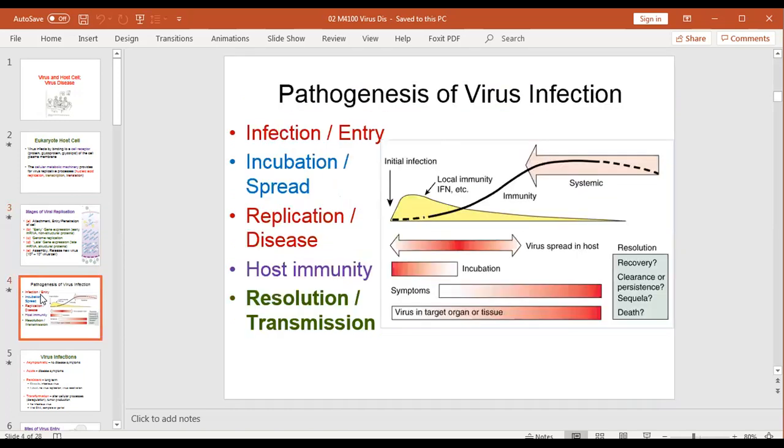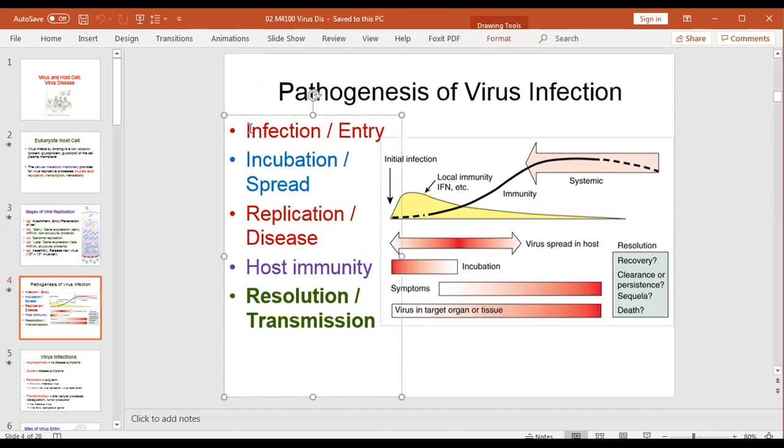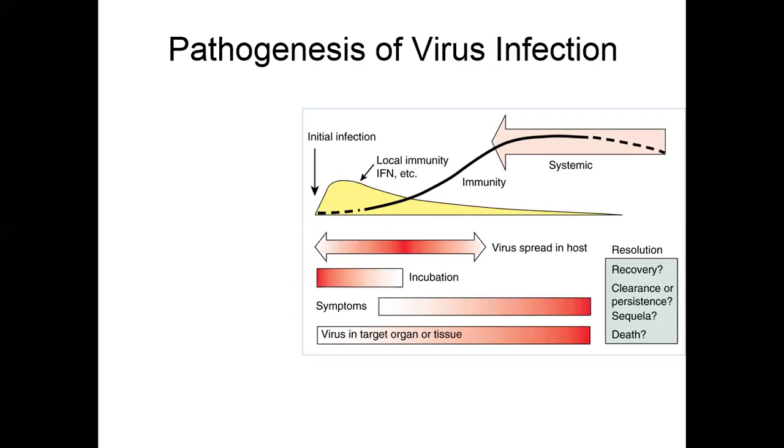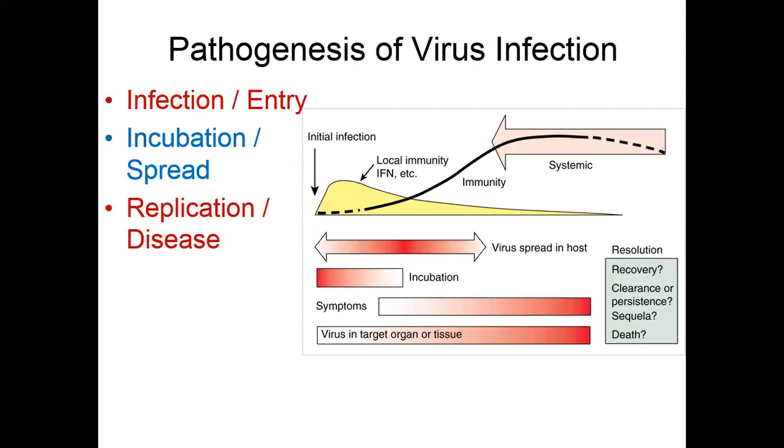Slide number 4 is the pathogenesis of virus infection. Pathogenesis is the process by which the virus causes the disease. As we just discussed, the very first step during the infection is the entry of virus into the host cell. So virus gains entry.